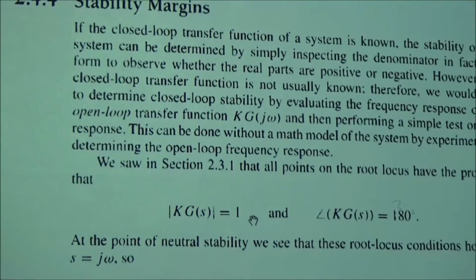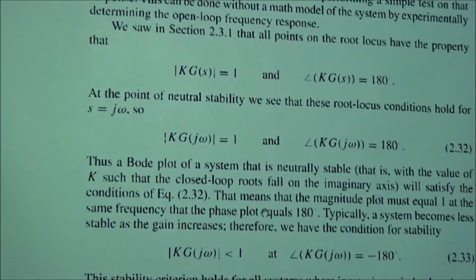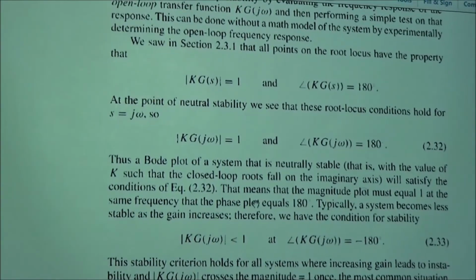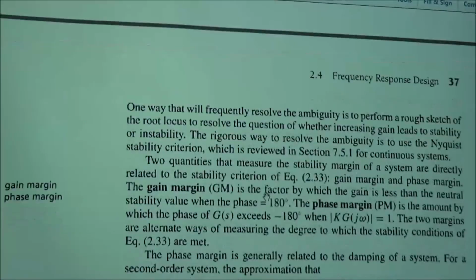Now, in control class, you notice that you have some stability margins. Stability margins are phase margin and gain margin. Gain margin is the factor by which you could increase the gain of the system at the present location before it becomes unstable.